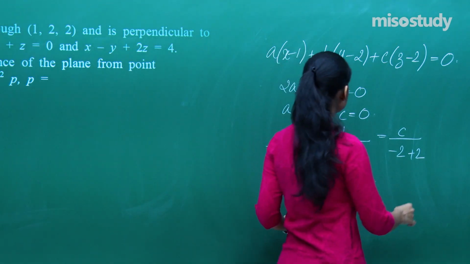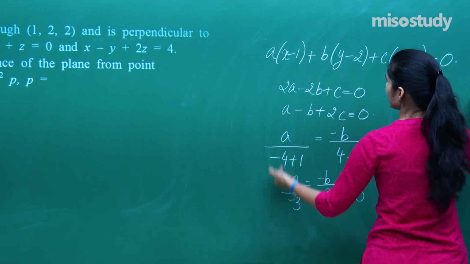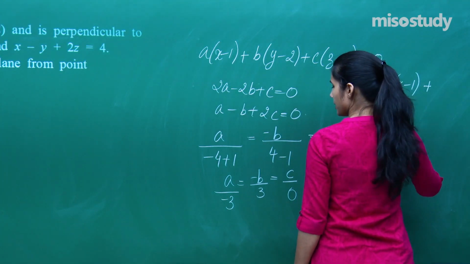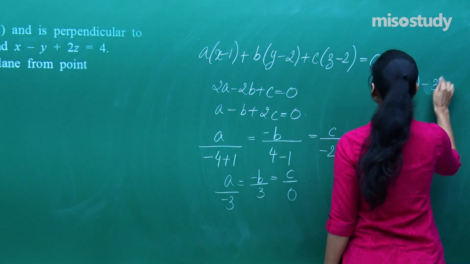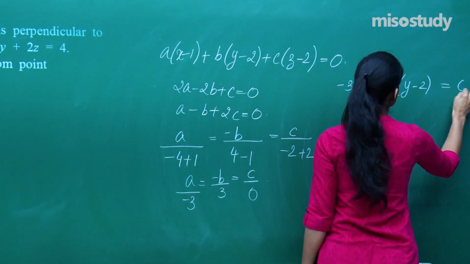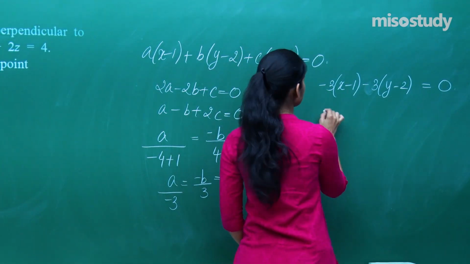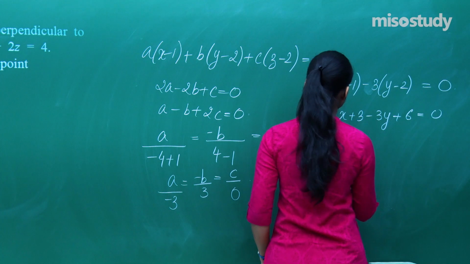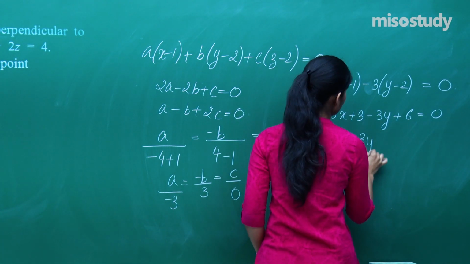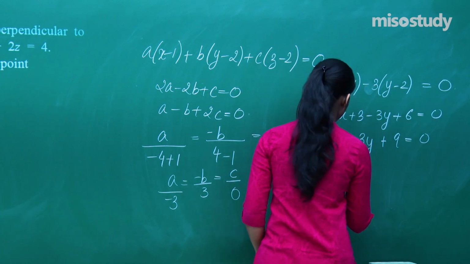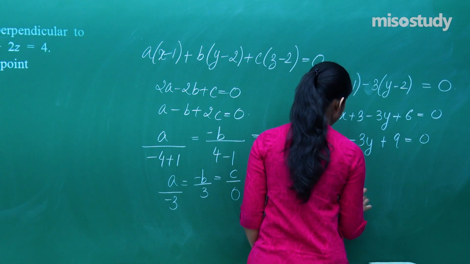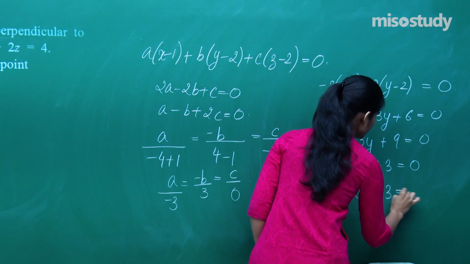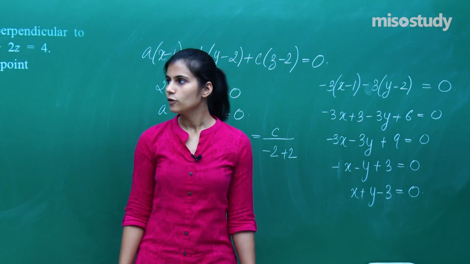So you basically get A is −3 times (x − 1) plus, or I should again say −3 times (y − 2) equals 0. That is it. So you get −3x + 3 − 3y + 6 = 0. So you get −3x − 3y + 9 = 0, or −x − y + 3 = 0, or x + y − 3 = 0. This is the equation of my required plane.